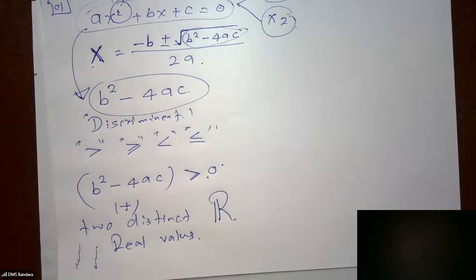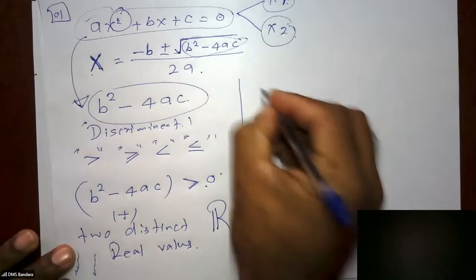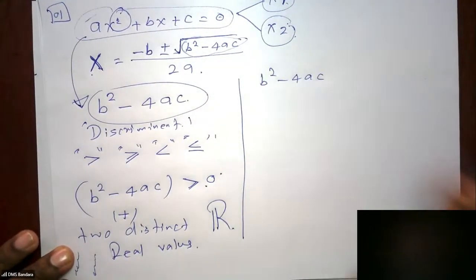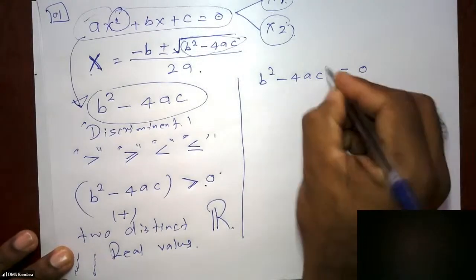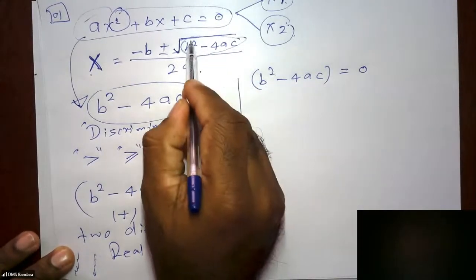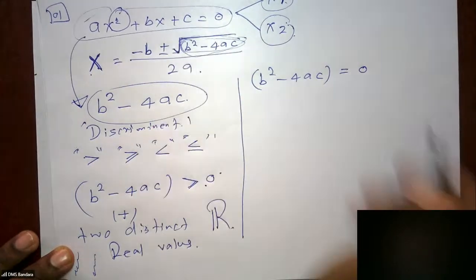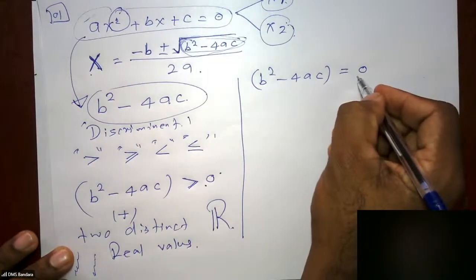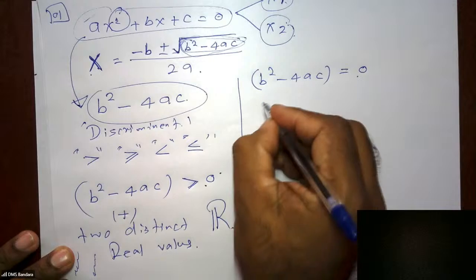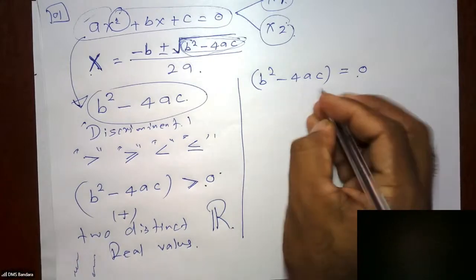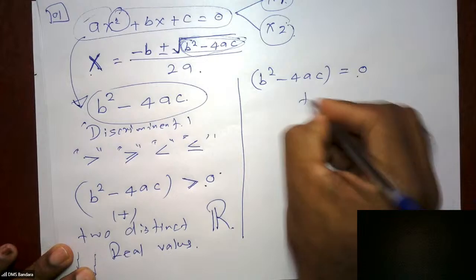The next condition is if the discriminant equals 0. So whatever is inside this square root is equal to 0, we can say it has two equal roots.